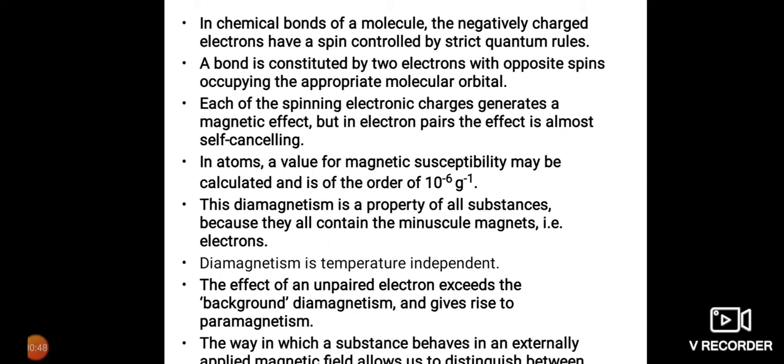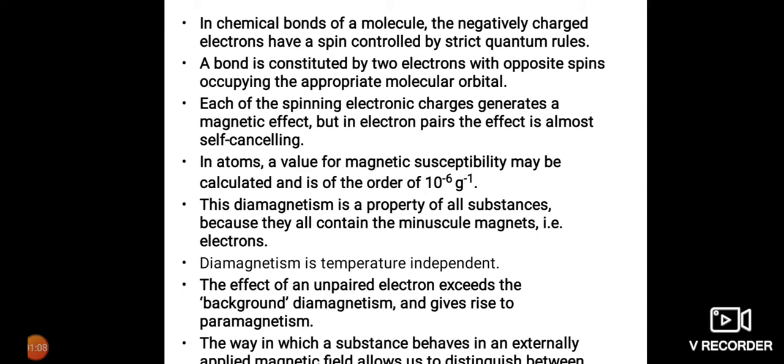In a chemical molecule, we have a number of atoms which are bonded to each other to form a molecule. They have negatively charged electrons and positively charged nuclei, that is, the protons within the nucleus.